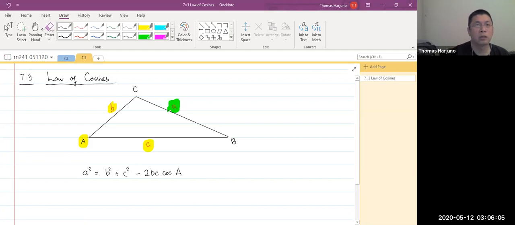So the length of the opposite side is equal to the sum of the squares of the other two sides, minus twice the product of those two sides by cosine A.